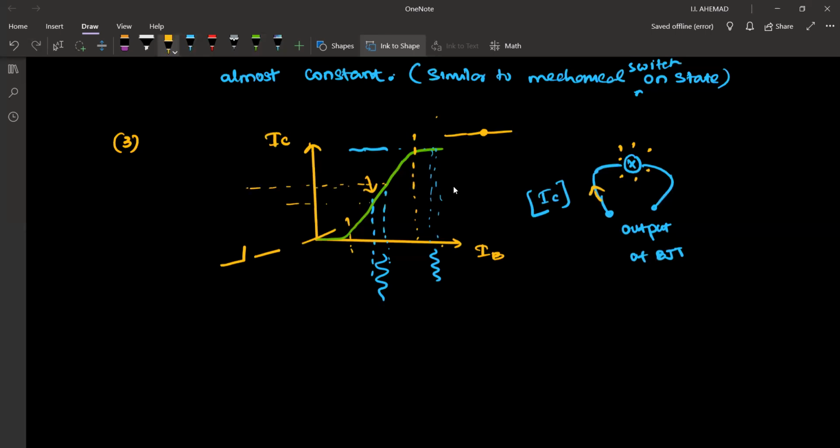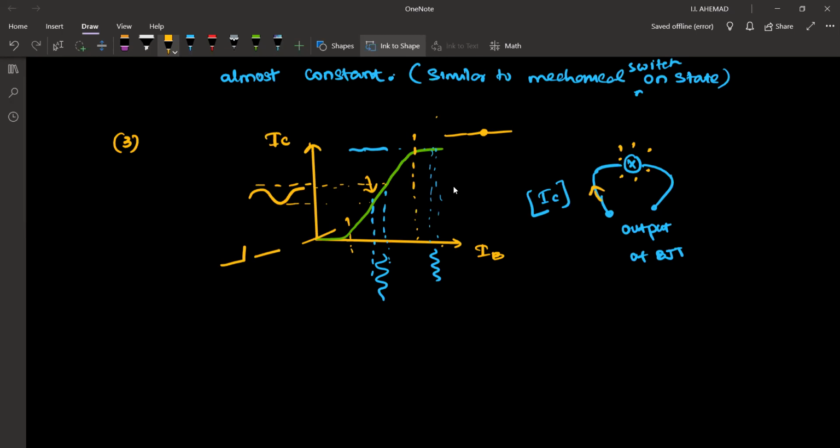During the same time, IC will vary. The variation is huge. For small variation in IB, you observe a large variation in IC.